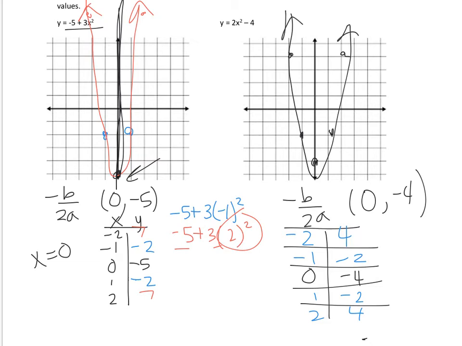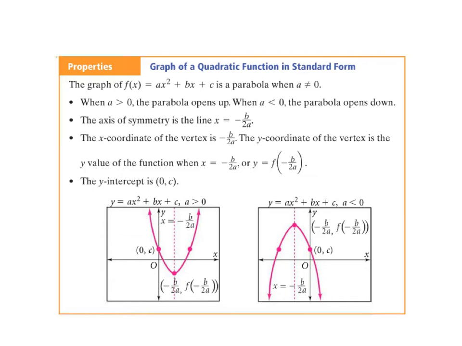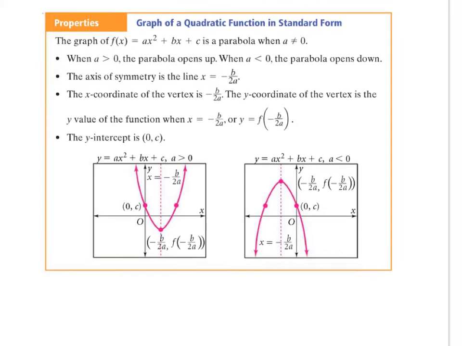So both of these parabolas open up because a is positive. Both of them have negative y-intercepts. And they both have axes of symmetry at x equals 0. So this slide just goes over what I said about whether it opens up or down, how to find the axis of symmetry, how to find the vertex, both points.